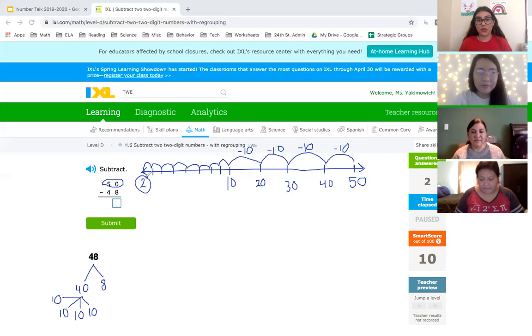For me, it's easier if I do my jumps first and count those jumps. So I do 1, 2, 3, 4, 5, 6, 7, 8, and then go back and count back. Otherwise I get confused and I'm trying to do 2 things at once, so I like to break it apart like that.